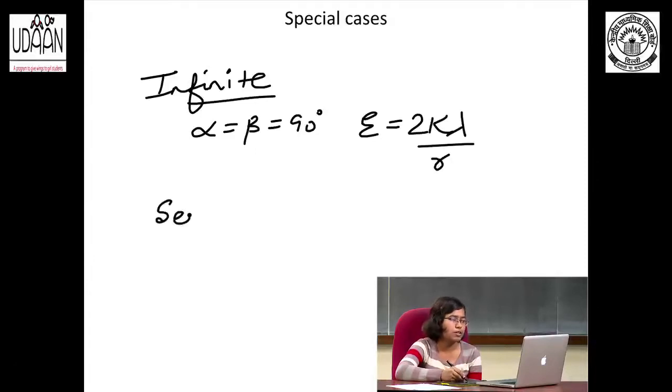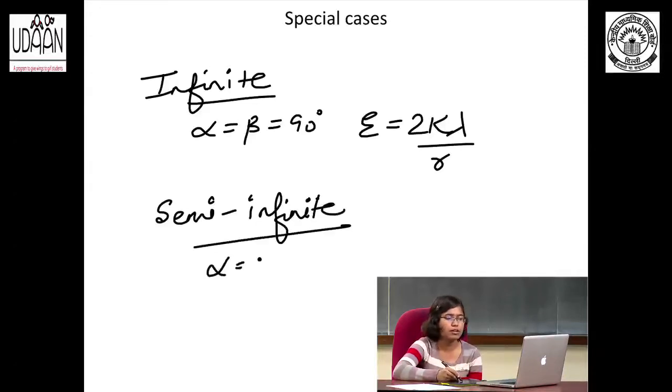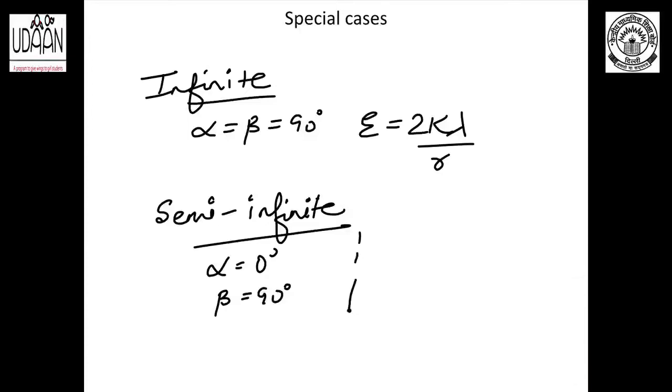Then we have the case of semi-infinite wire. In this case, one of the angles is 0 degrees and the other angle is 90 degrees. So, we will find that the electric field at a point at a distance r is equal to k lambda by r in the x direction and k lambda by r in the negative y direction.